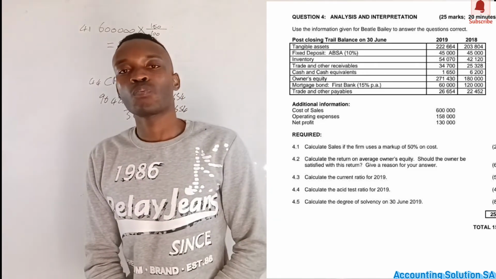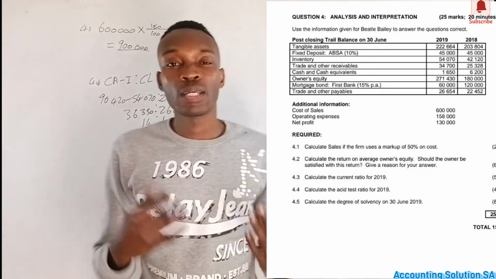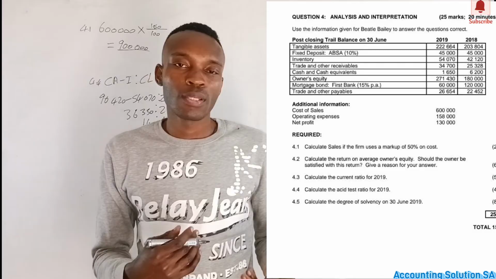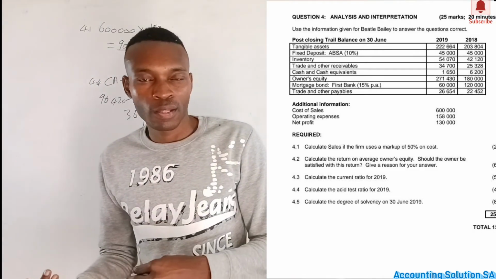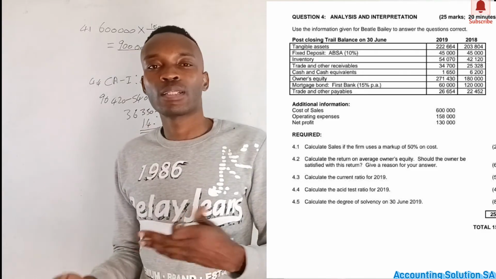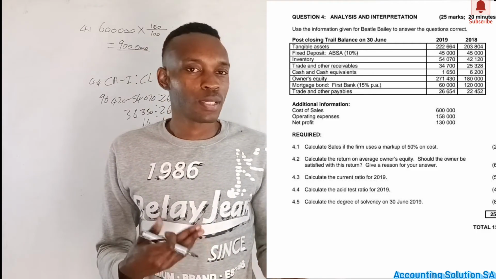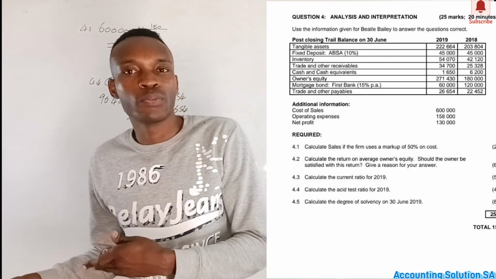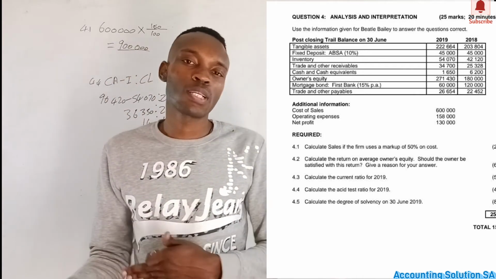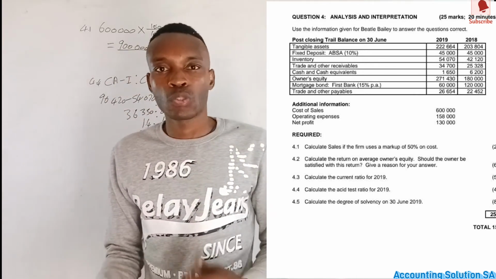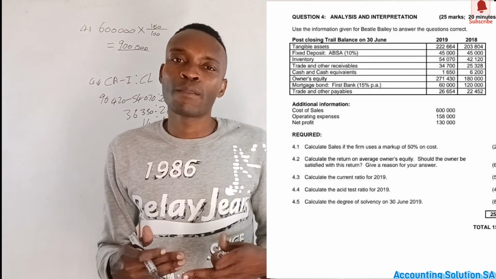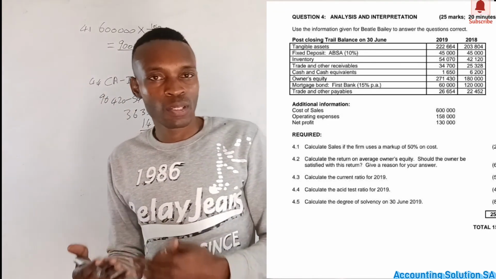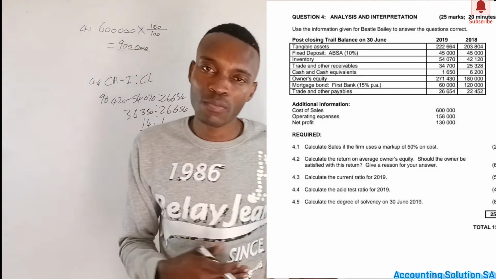When we talk about the acid test ratio, in other words, we assume that there is an acid in inventory. For example, if you are a company that is selling bread, you can't say that you're going to pay back the debt using bread, because it is going to expire anytime. That's why we have the acid test ratio. So we want to test if we will be able to pay short-term debt without inventory.